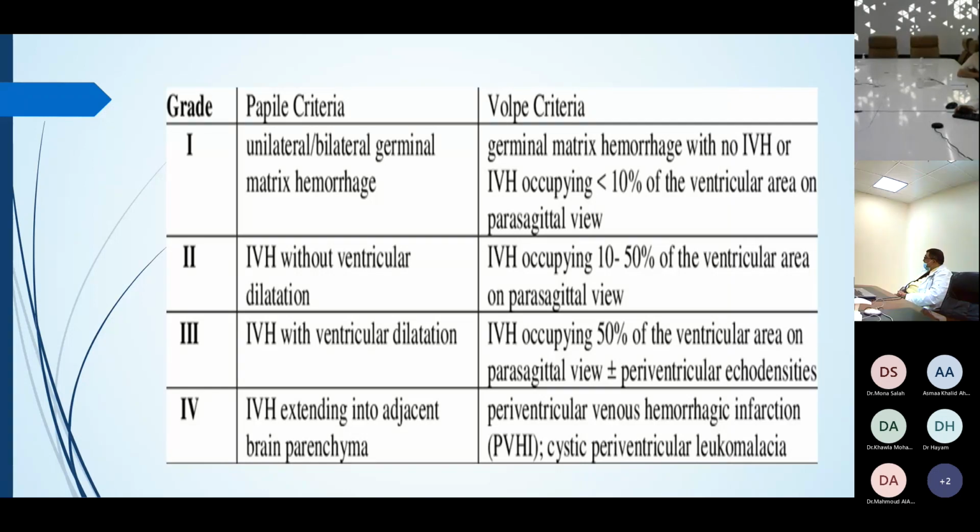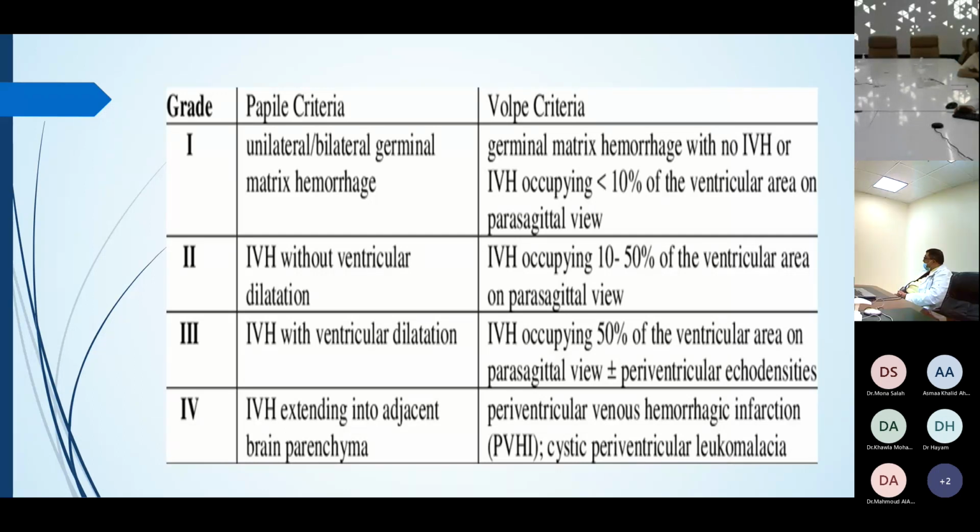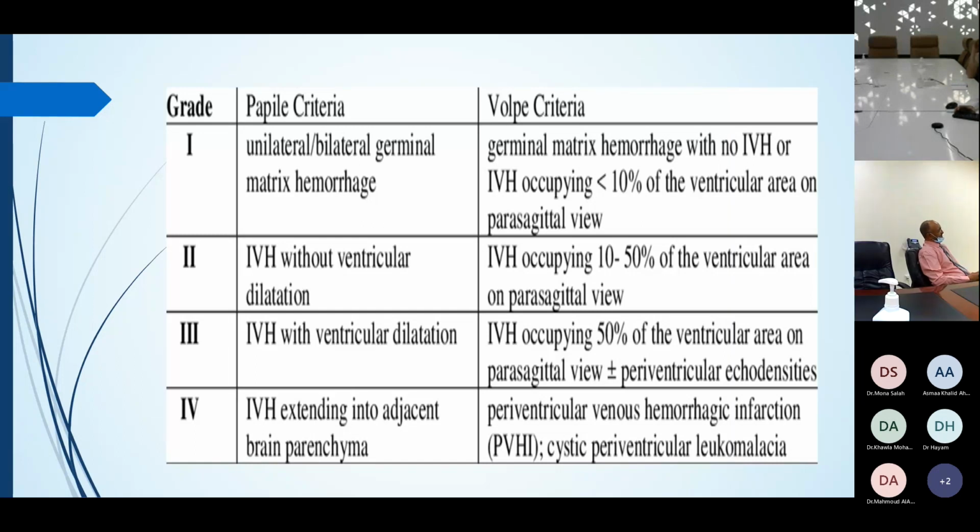Volpe criteria: grade 1 is germinal matrix hemorrhage with no IVH or IVH occupying less than 10% of ventricular area. Grade 2 is IVH occupying 10 to 50% of ventricular area.